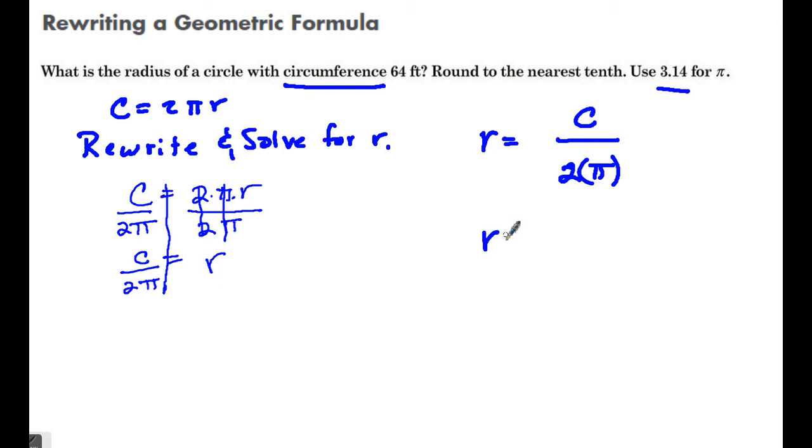So if we're going to solve for r, then r is going to equal the circumference, and circumference was given to us as 64 feet. And we're going to use pi of 3.14. So we're going to go ahead and substitute those values in. So for C, we're going to write 64 divided by 2 times 3.14.